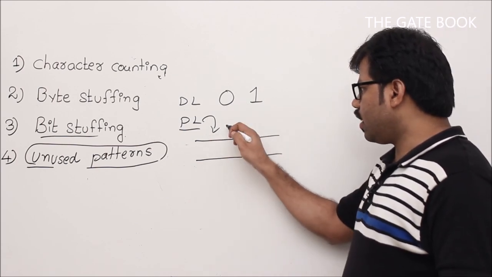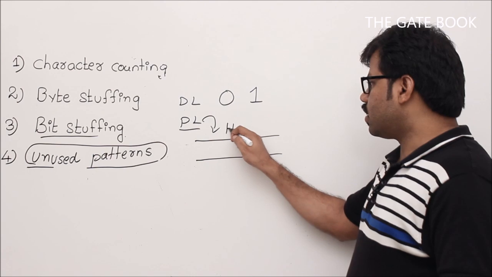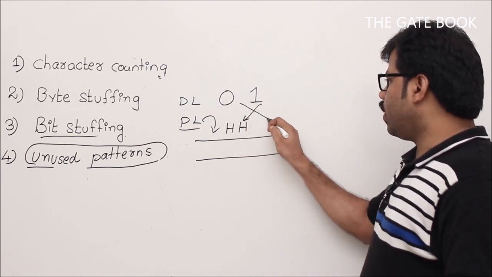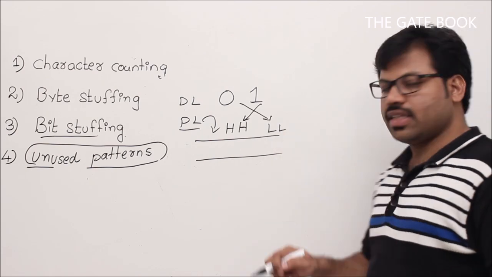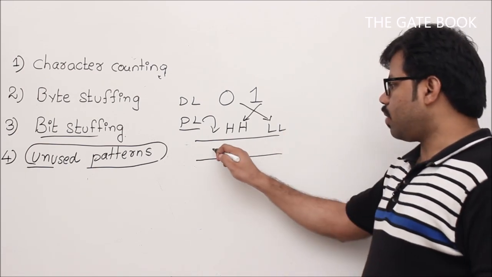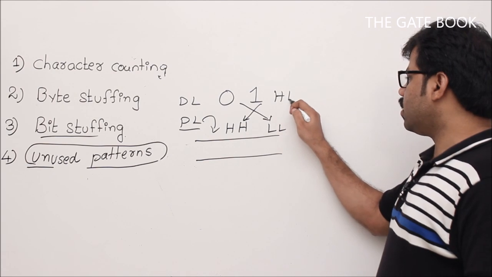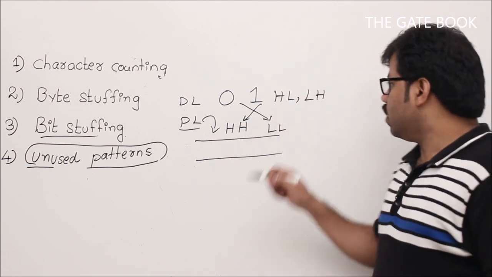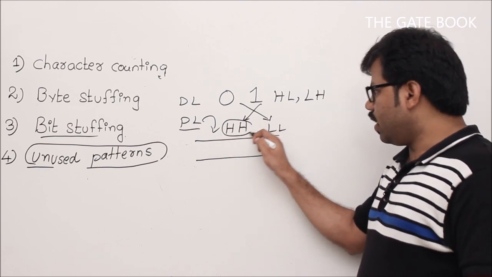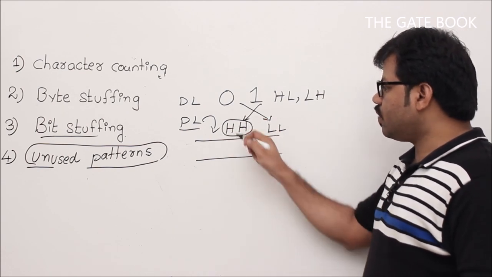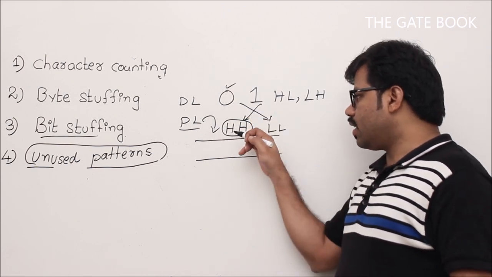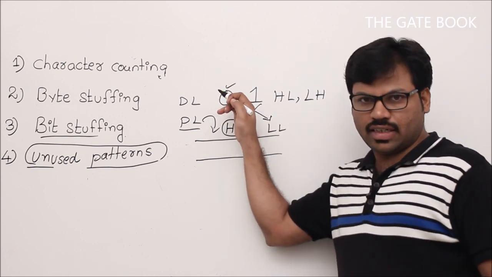Let's say your physical layer is using voltage signals, high, high for 1 and low, low for 0. If that is the case, there are two other patterns possible: one is the high low combination, the second is the low high combination, isn't it? Two signals are used for one data signal, correct?